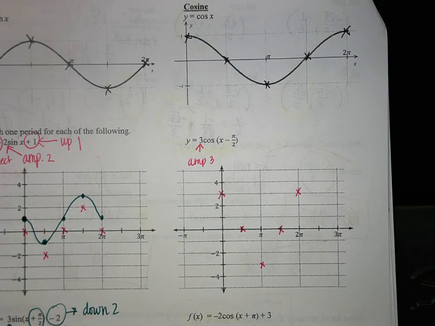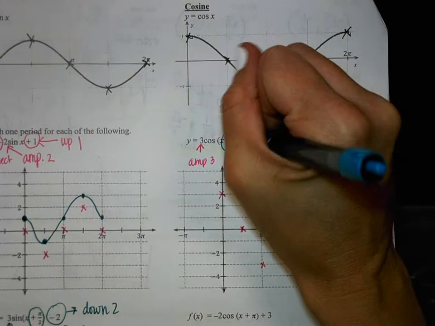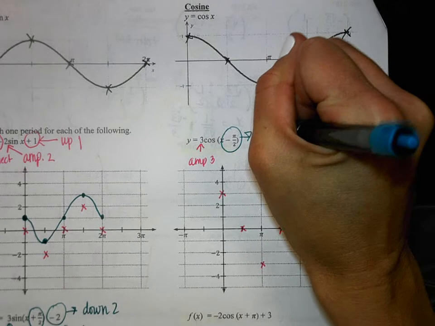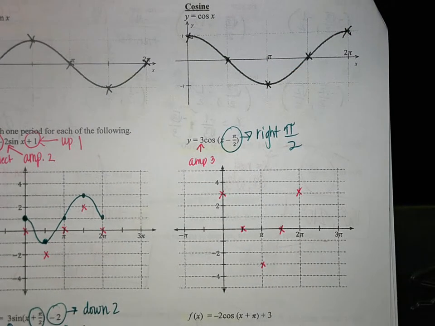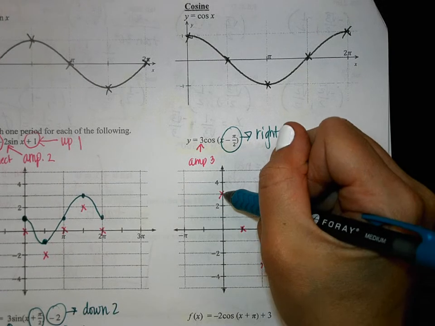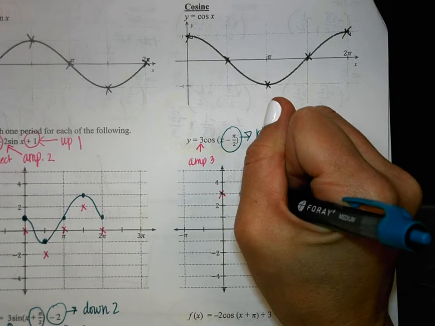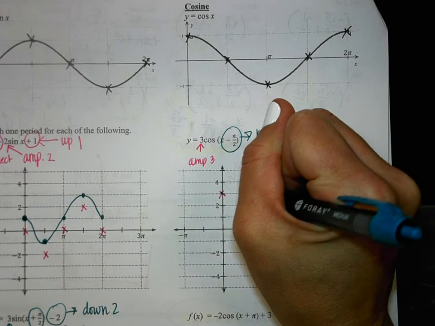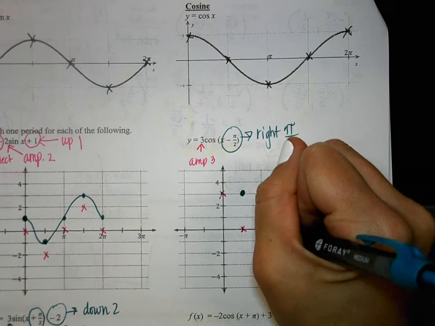And then what does this mean? Right pi over 2. So each x, we're going to go right one marking, right pi over 2. So starting with my first, I go right 1, or right pi over 2, make my point. Next x, right pi over 2, make my point.